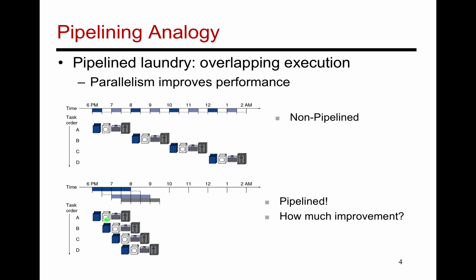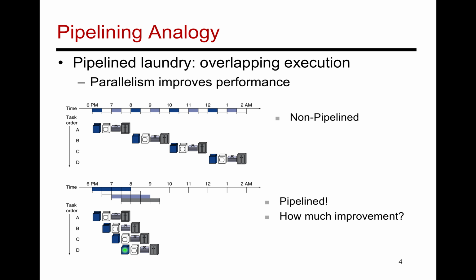Then as the first load moves into the dryer and begins drying, I can start the second load in the washer. Then the first load gets into the folding station while the second load is being dried and the third load is put in the washer. And then the operations continue. Then put away the first load, fold the second load, dry the third load, and begin washing the fourth load.